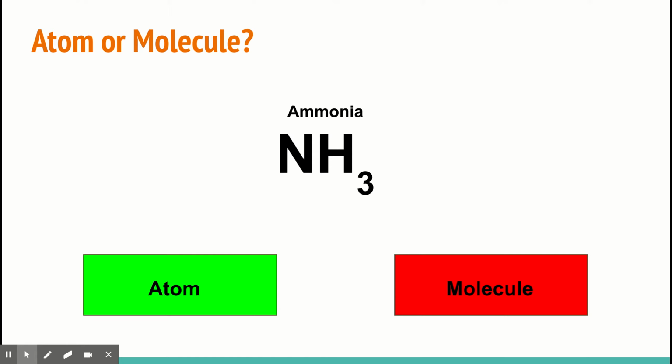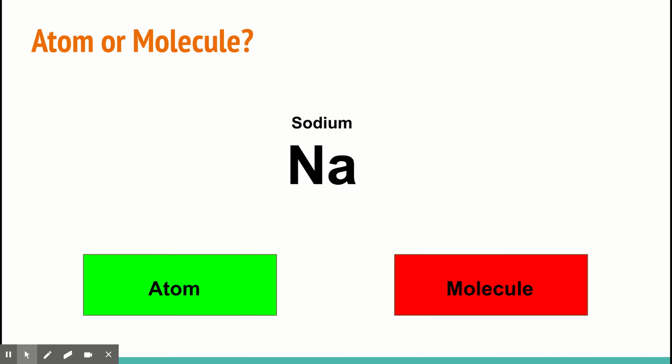And here we have ammonia, NH3. Is that an atom or a molecule? Sodium. Na is the element symbol for sodium. Is that an atom or a molecule?